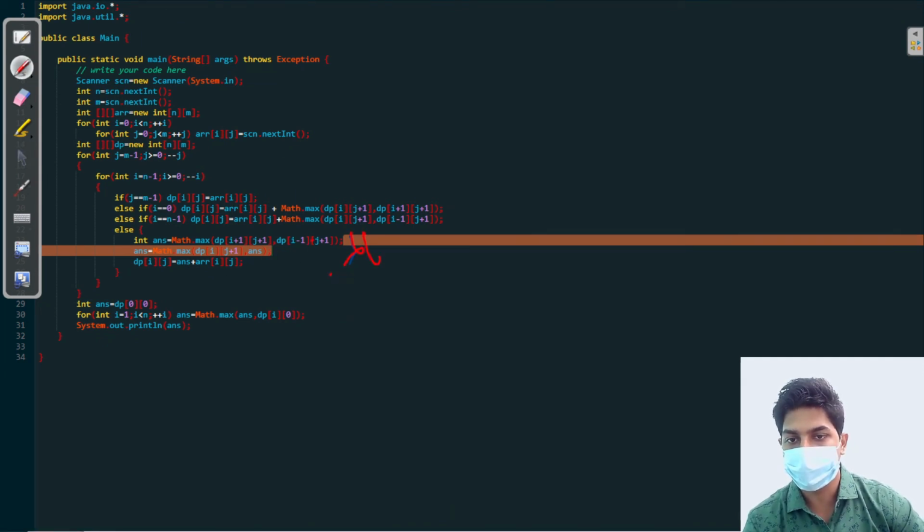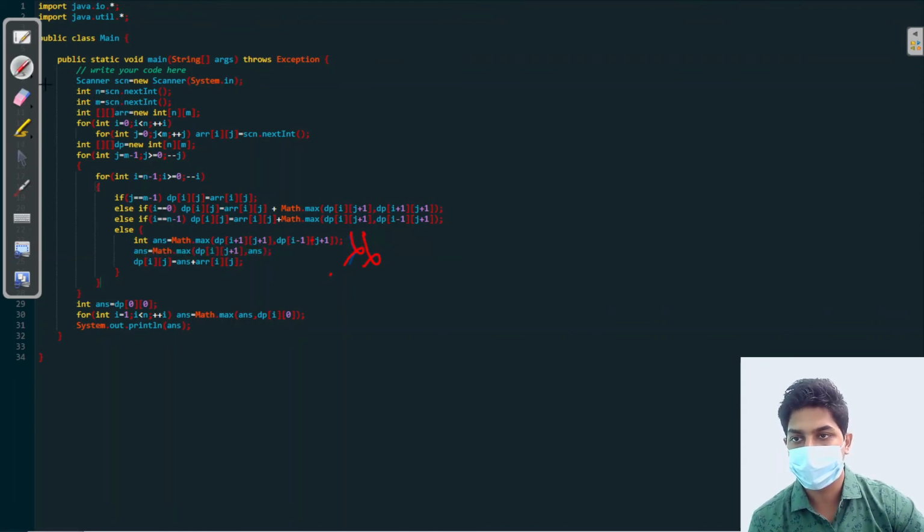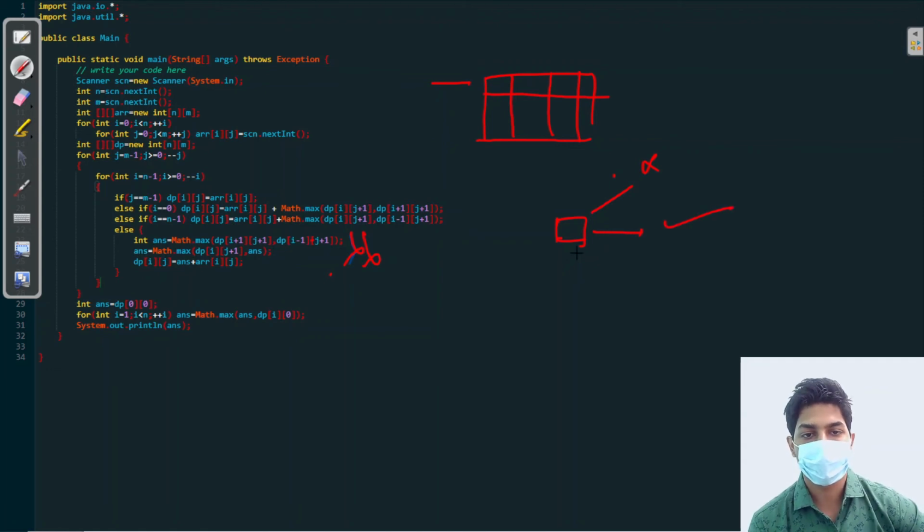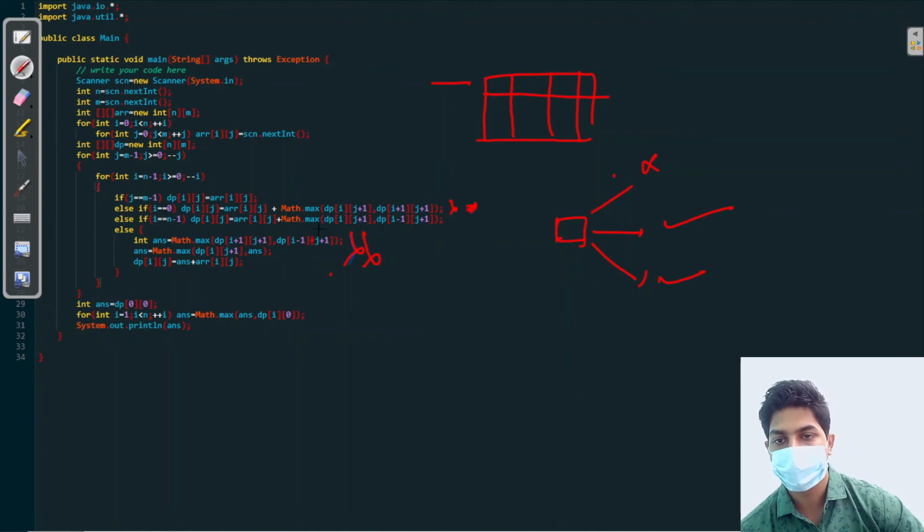In this particular block, if this was our grid, and we are in the first row, then we are not allowed to move in the upward direction. We can move only in horizontal or vertical direction, so I have managed that in this line. Here I have written the condition: if we are in the first row, i equals 0, then we are moving only in the horizontal or vertically down direction.